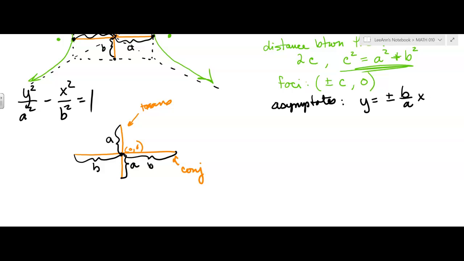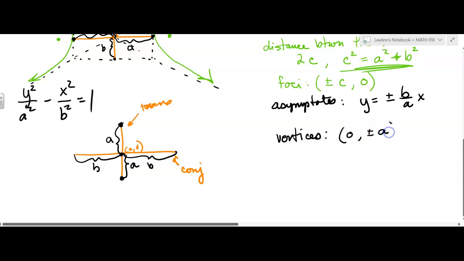Now, where are the vertices? The vertices are up here and here. They're on the transverse axis, so you have to remember that. And the vertices are going to be 0, comma, plus or minus a. The co-vertices are going to be over here. So co-vertices are going to be at plus or minus b, comma, 0.